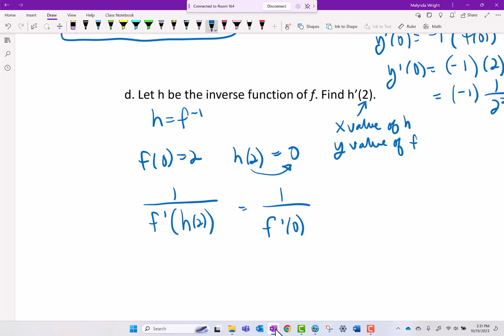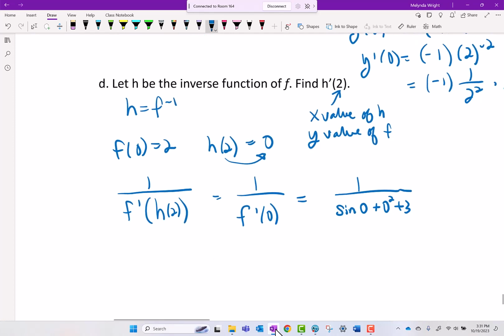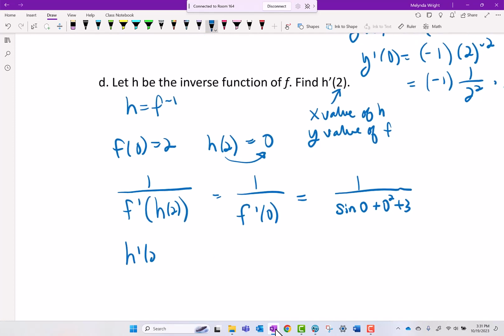Okay. What do we know about f prime? It's that equation. I'm just going to use the equation, so that would be sine of 0 plus 0 squared plus 3. So h prime of 2 is 1/3.